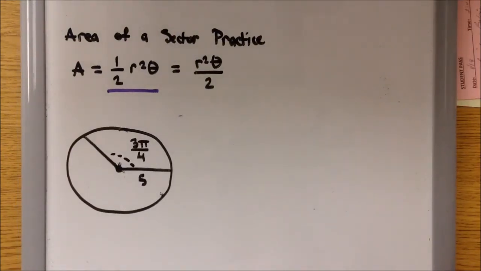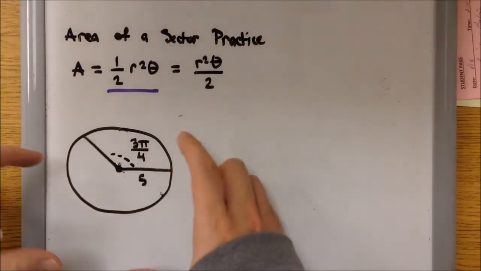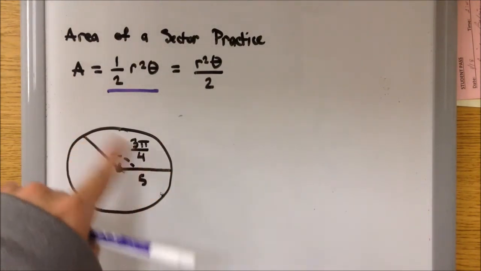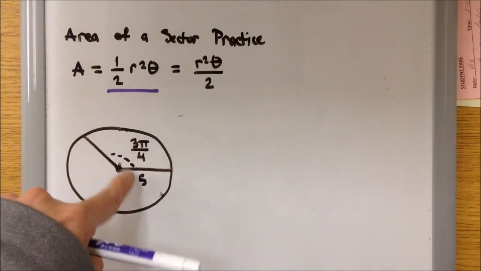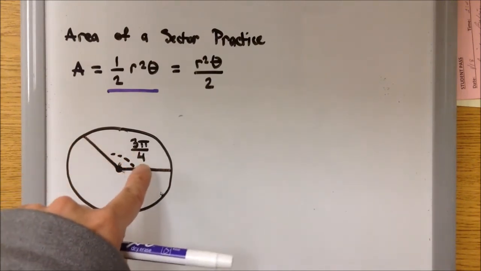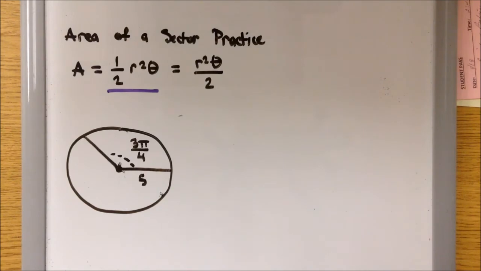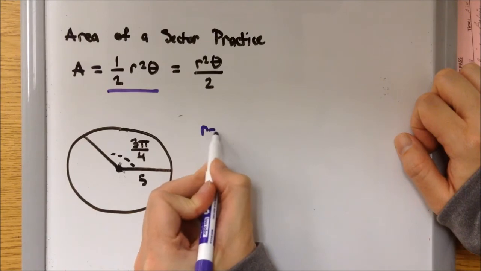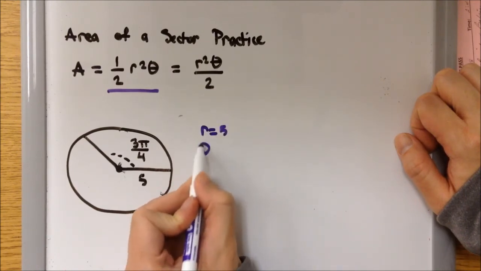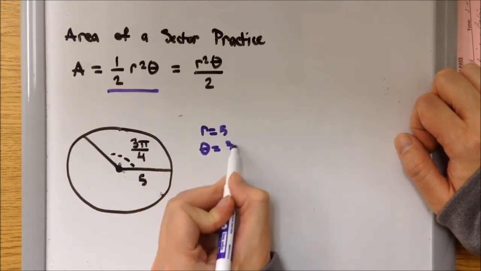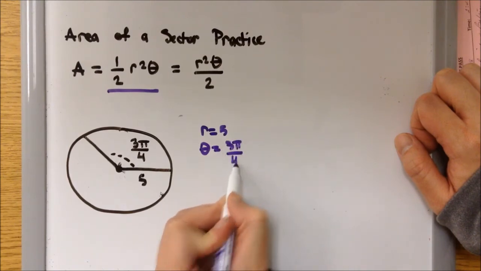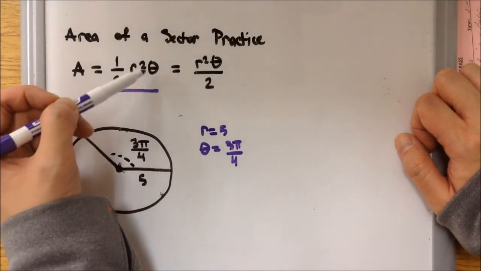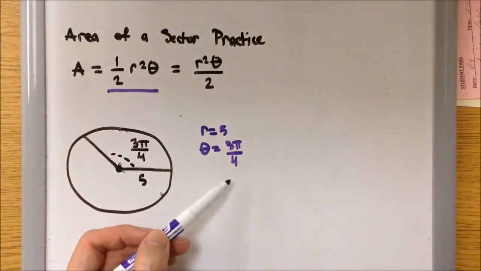Alright, in this example we have a picture given with the radius labeled, and it's asking for the area of the sector with center angle 3 pi over 4. So let's write out the information that we know. Radius is 5. Our center angle is 3 pi over 4. And of course, when you do an area of a sector, make sure that our angle theta, or center angle, is in radians, which it is.